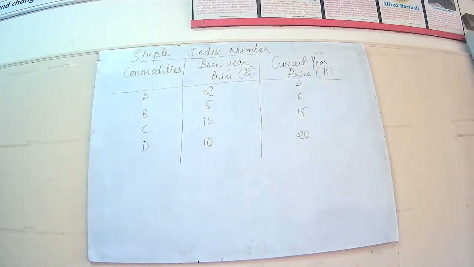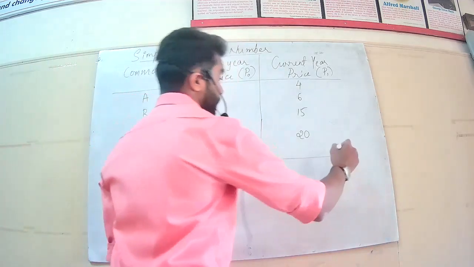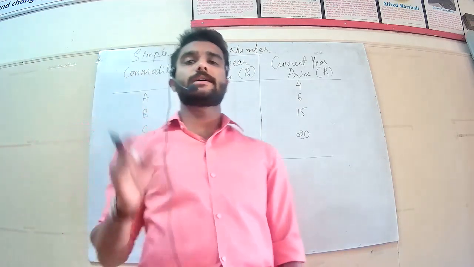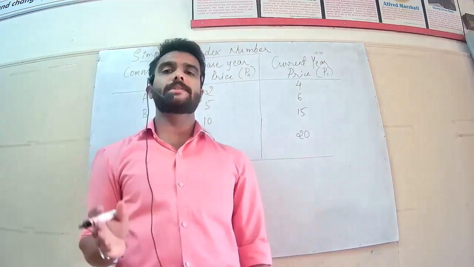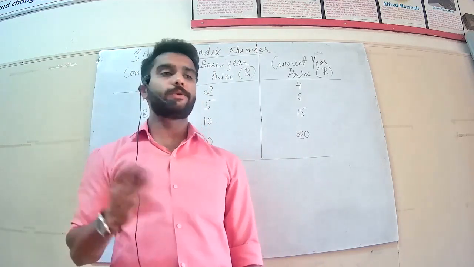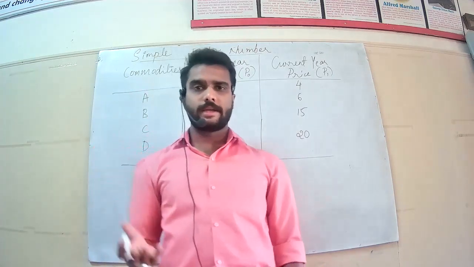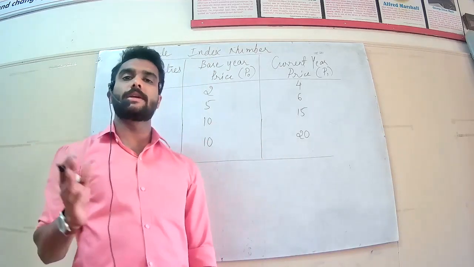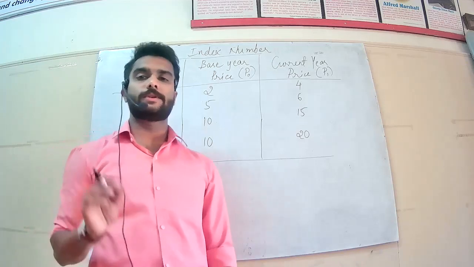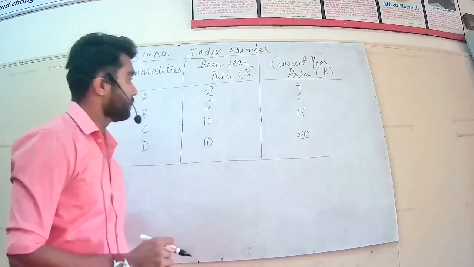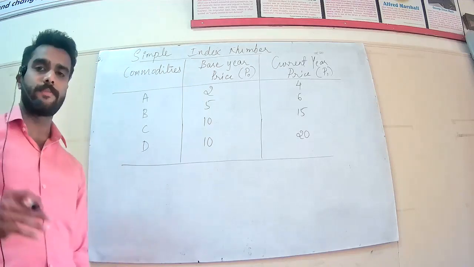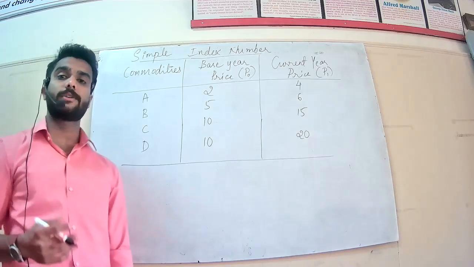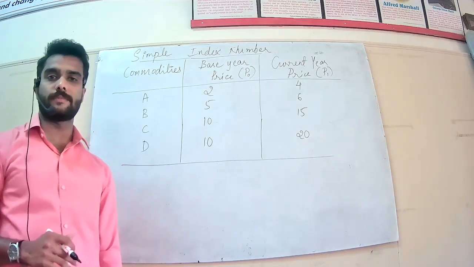Now, how do you calculate a simple index number? As we have already known, index numbers are pure numbers, and index numbers do not indicate any unit of measurement like kilos, centimeters, meters or liters. Index numbers are just pure numbers. They indicate the magnitude and the direction of the changes in the variables.